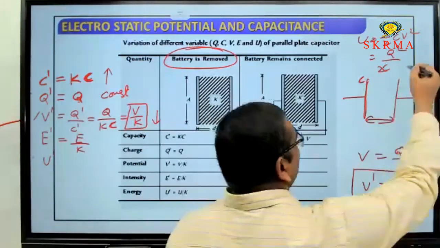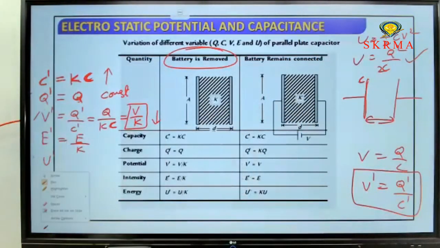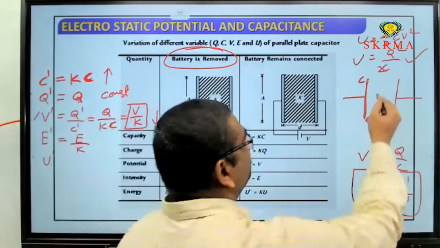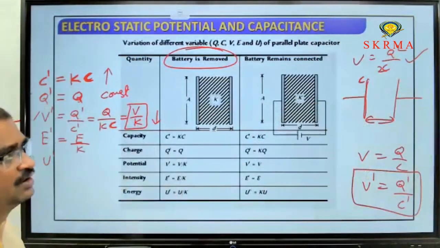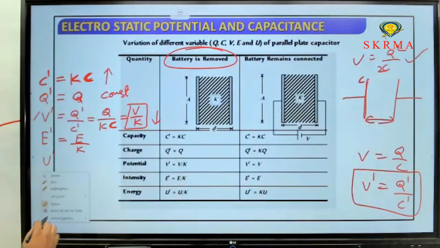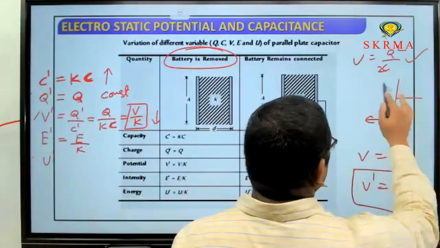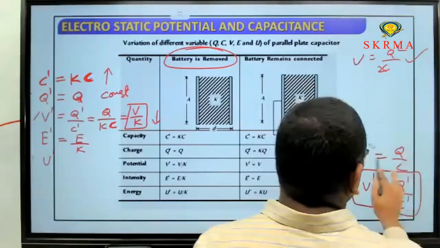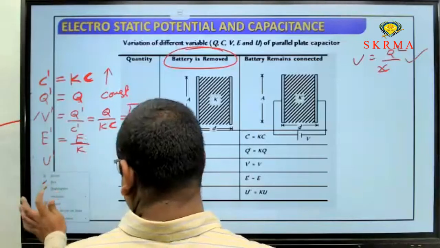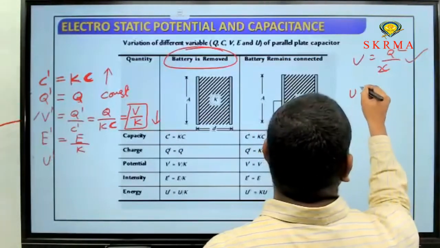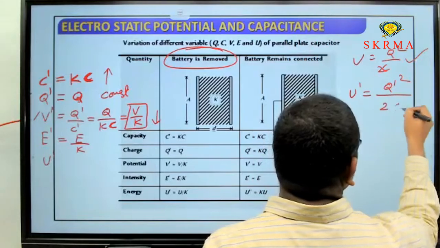So just take the equation in terms of charge. Take the equation Q square by 2C. So the new energy U dash = Q dash square by 2 into C dash.